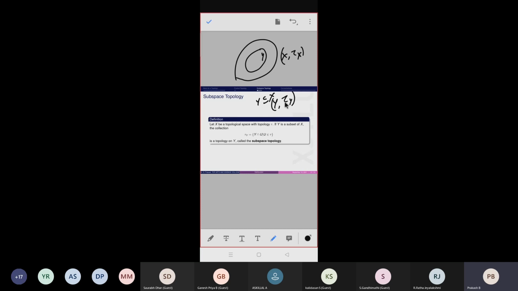Tau Y is the collection of all Y intersection U, where U belongs to tau X, right? So open sets of Y are like this. You take an open set of X and intersect it with Y. The resultant set is open in Y. In this way we can form a topology on the subset, and that is called the subspace topology.